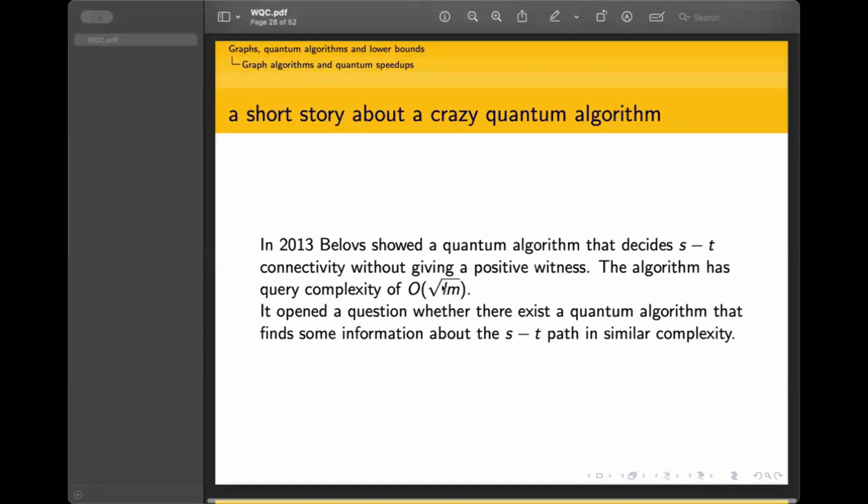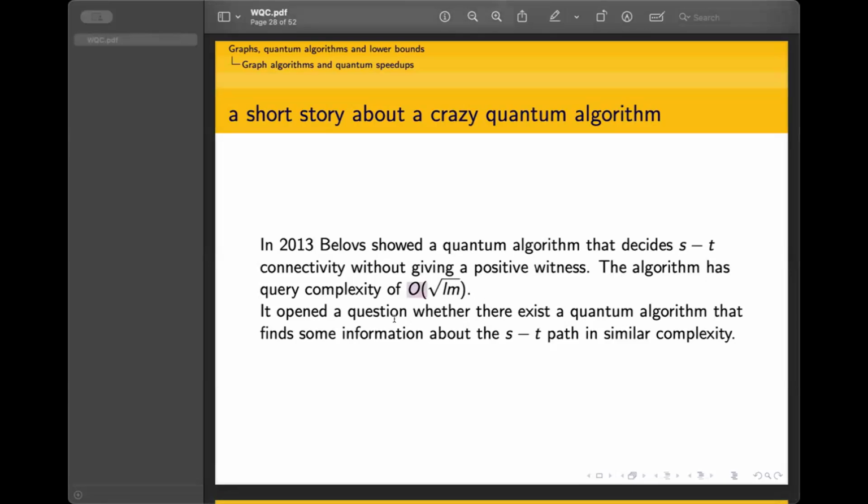And L, the lowercase l in this case, is the length of the shortest path between S and T in that graph. It's unknown a priori, but you can iteratively guess this length, and there's an additional log factor, but we don't care about this. So the algorithm decides ST connectivity in this many queries.